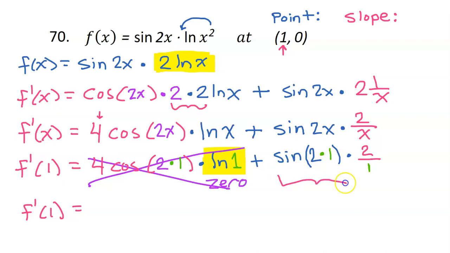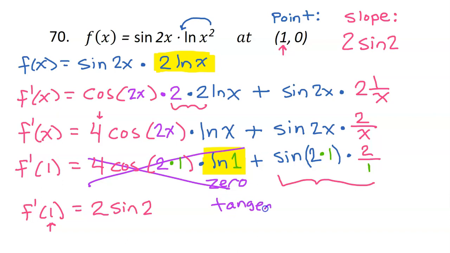Anyway, so we just have this part left. I'm going to put the 2 in the front, so we will get 2 sine 2. Remember, the derivative is the slope at this particular point. So the slope, even though it's a little bit weird that it's not just a simple number, the slope is 2 sine 2. So we can still go ahead and write the tangent equation, even though the slope has a sine in it.